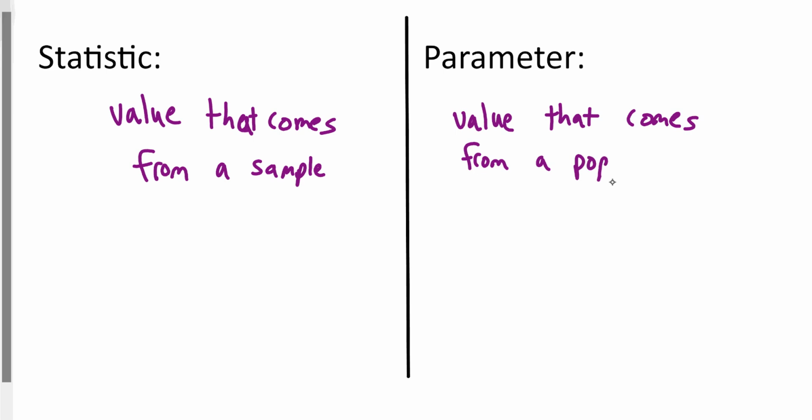So a population could be our entire student body at this high school, whereas a sample could be from one individual class or several individual classes. So it's a smaller sample of the greater population. And I spelled population wrong.